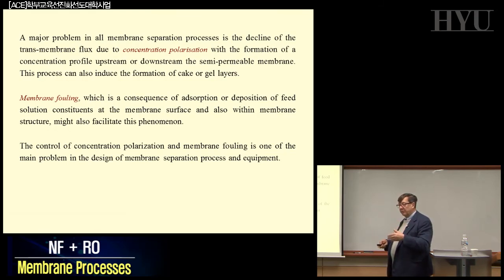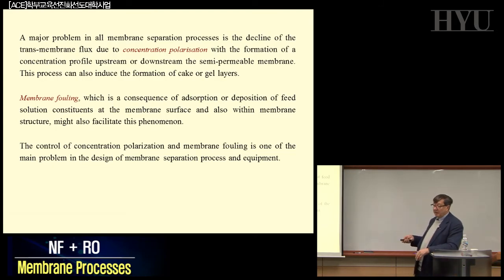You can change completely the properties of your membranes. So you have to consider both cases. In some cases they are related, but in other cases they are independent. You can have fouling also in situations where there is no concentration polarization, just because some chemicals can interact with the polymeric matrix.